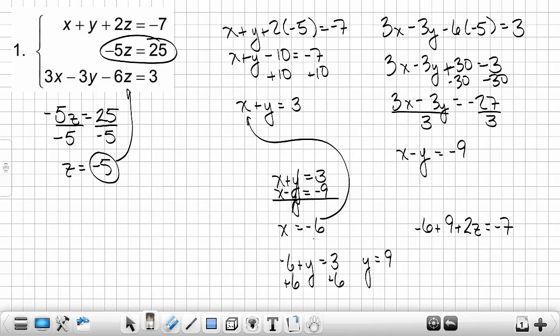So negative 6 plus 9 is 3. Subtract 3. I get 2z equals negative 10. Divide by 2, and z is negative 5. Sorry for those of you in the back that can't see that. Pause it, stand up, do what you need to do. So my solution is negative 6, 9, negative 5.